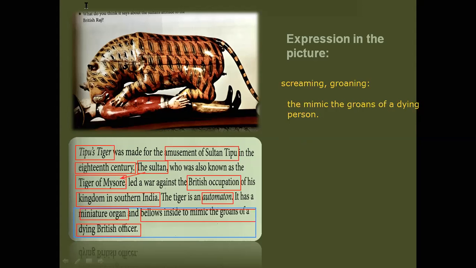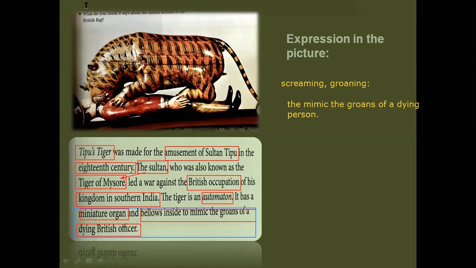So the question over here: what do you think it says about the Sultan's attitude to the British Raj? Remember Sultan Tipu?